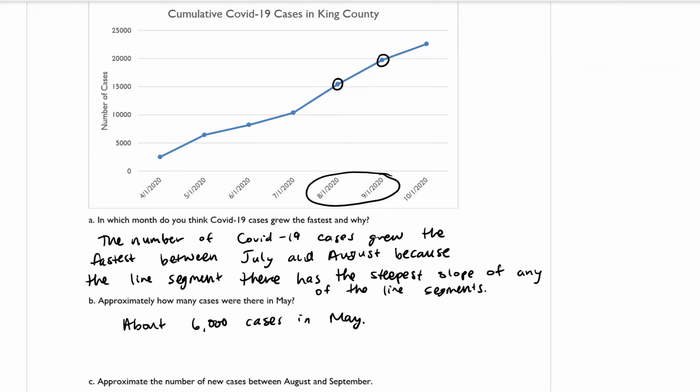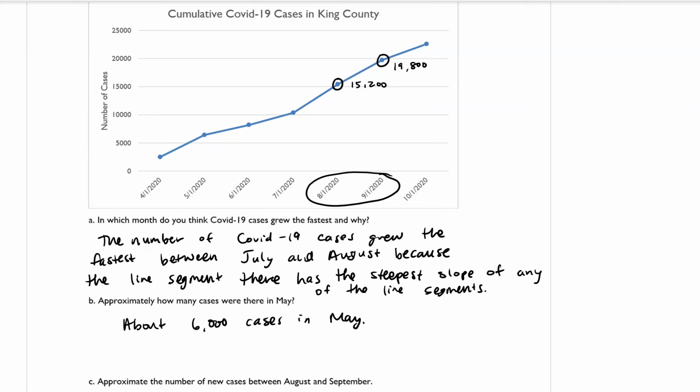And that looks like it's pretty close to 20,000. So I'll probably estimate that to be like 19,800 cases. And this one, I would say maybe 15,200. So those are my approximations. You might have approximated it slightly different, but that's what it is.